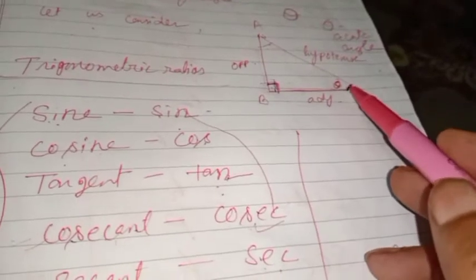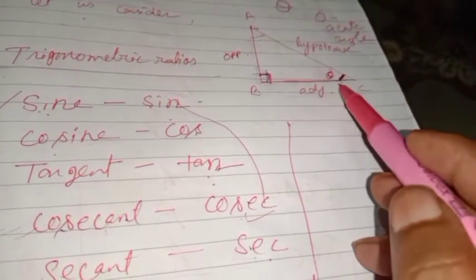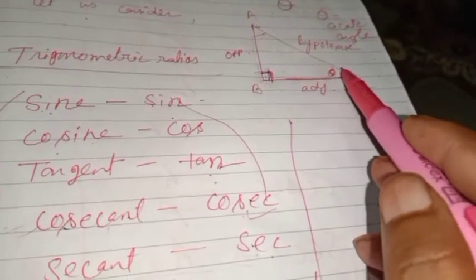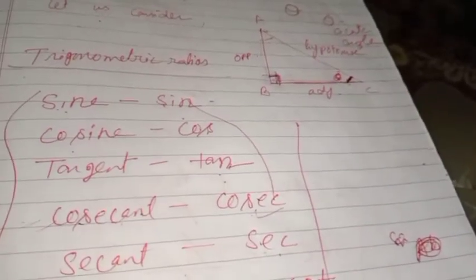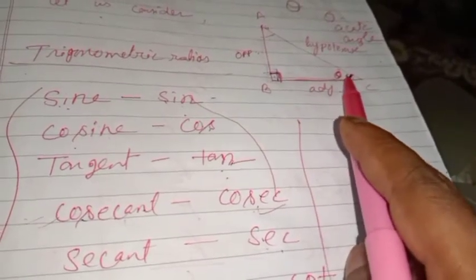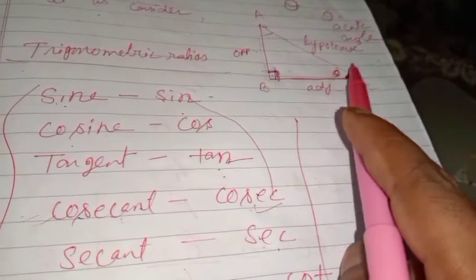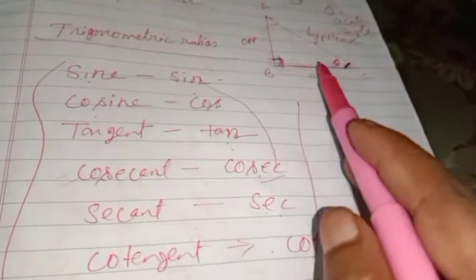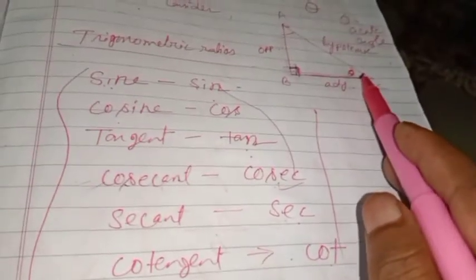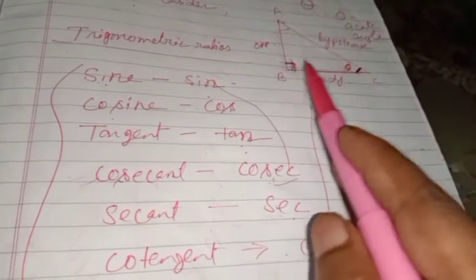Then the ratio is the opposite side of angle theta by hypotenuse. In the case of a right angle triangle, it is the opposite side of this angle by hypotenuse. In shortcut, you can select which angle you are going to find the trigonometric ratio for.